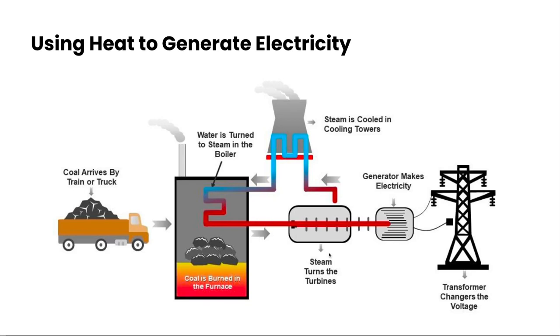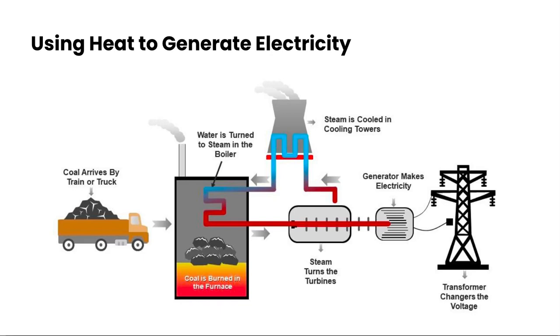And the steam is what turns the turbine. It comes through the turbine, it turns the turbine, which then goes to a generator, to a transformer, and then eventually through transmission lines. And the steam is recycled from the turbine. It'll go up into cooling towers, cools back down again into liquid form, and then goes back into the boiler to be turned back into steam again.